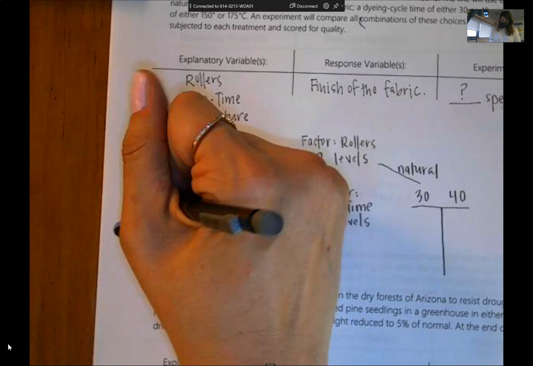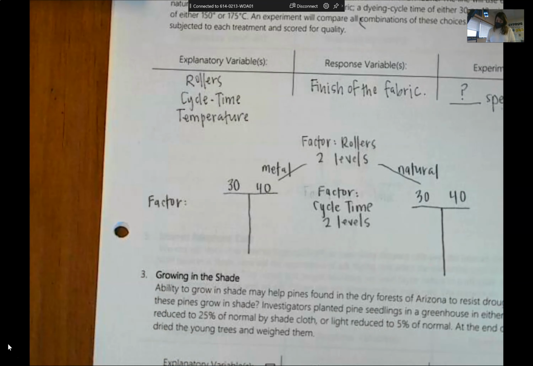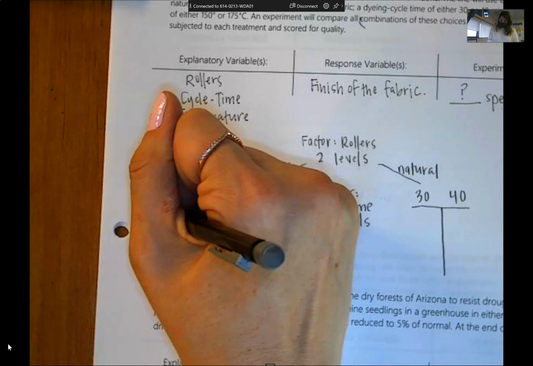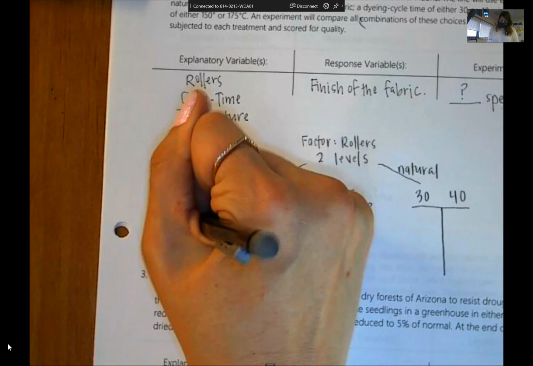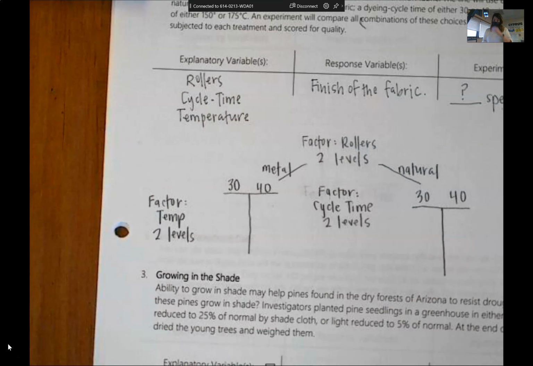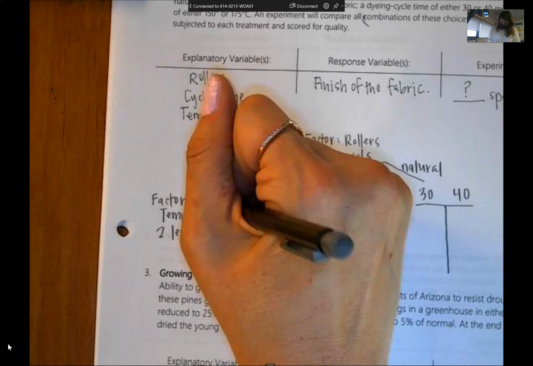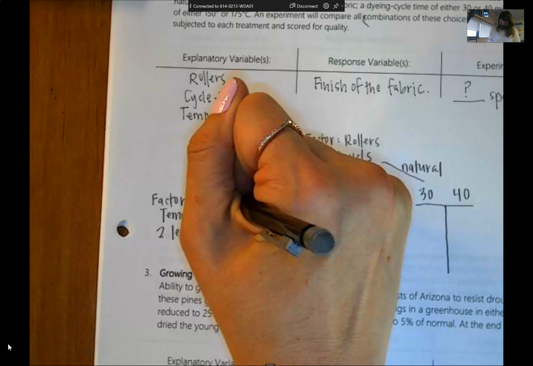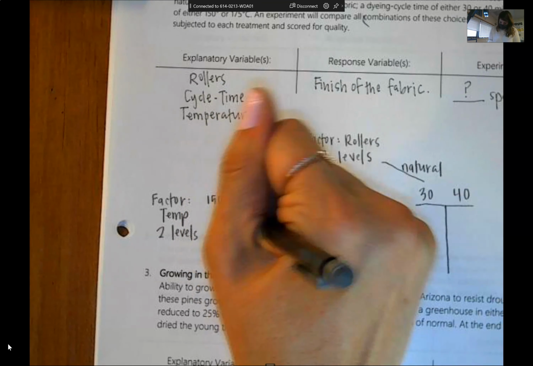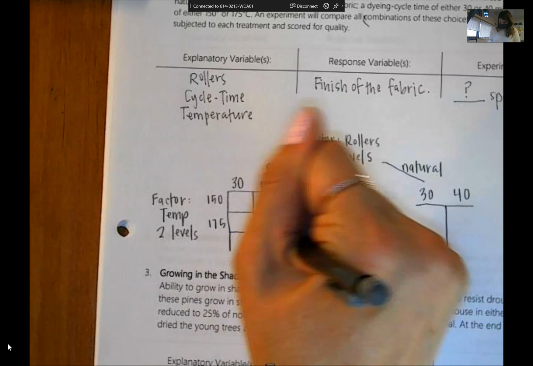Then our third factor is temperature, and it also had 2 levels. So 150 degrees or 175 degrees.